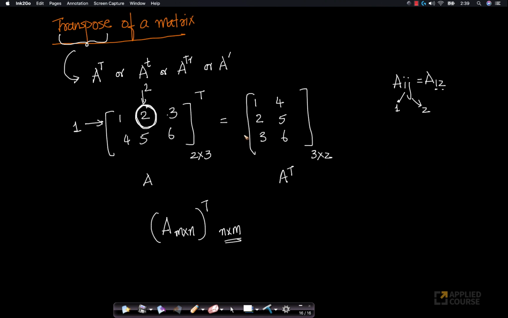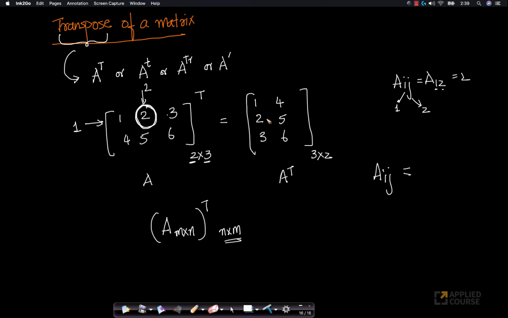So what A transpose does is, if you have a value Aij in this matrix, where i is less than or equal to m and j is less than or equal to n, look at this: this is A12 in this matrix, and A12 equals 2.